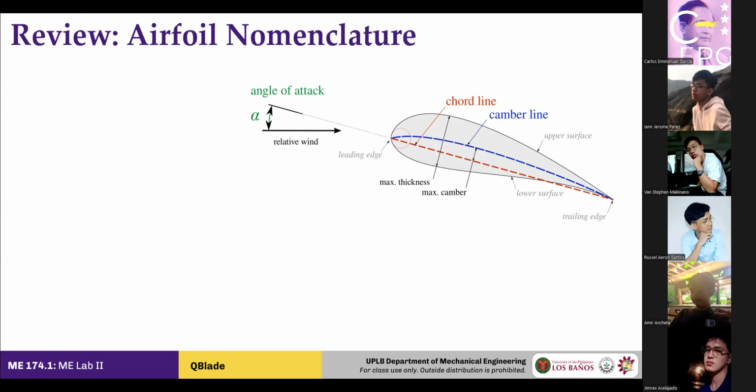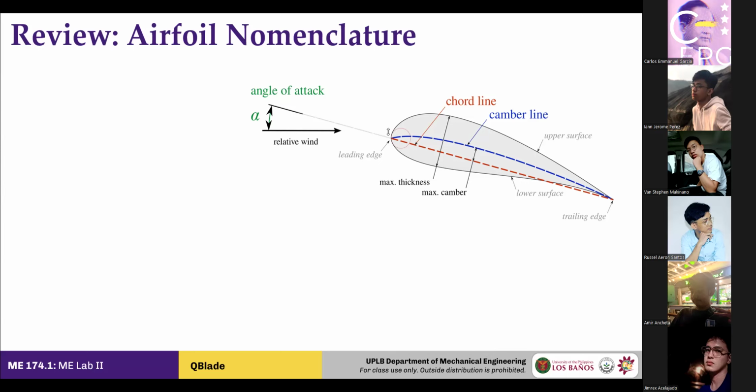Pero since may opportunity tayo at that time, sinama ko na rin yung sa airfoil. So, the thing with airfoils is that they are asymmetrical teardrop shapes that because of their shape, nakakapag-generate sila ng lift. Yung mechanics nung lift generation na yun, I think you will be able to look them up sa references natin later.